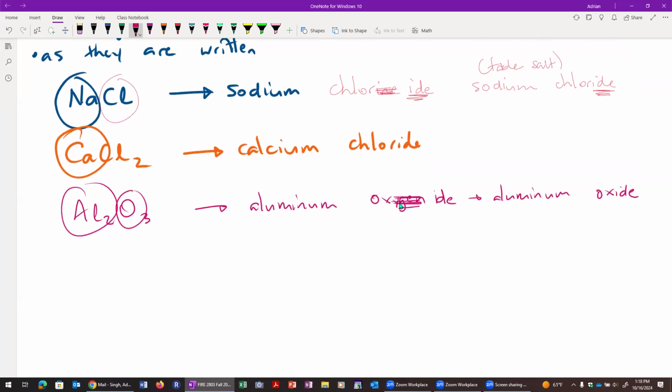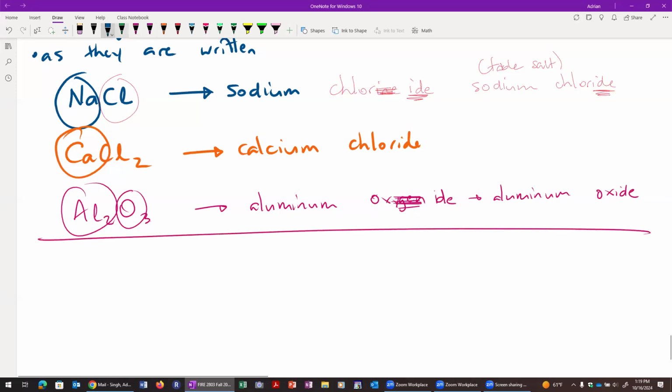We'll do one more here. Let's say that we had something like, do a different one. Let's do Mg. So let's say magnesium, and let's combine it with nitrogen.